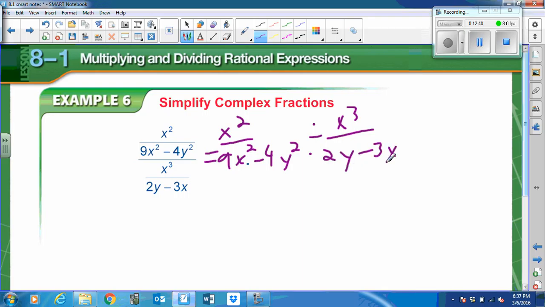So once you've written it like that, you see you just have a copy dot flop problem. So you have x squared over, and I'm going to go ahead and factor that 9x squared minus 4y squared now, because it's a difference of perfect squares. And so this here is going to factor to 3x minus 2y times 3x plus 2y.